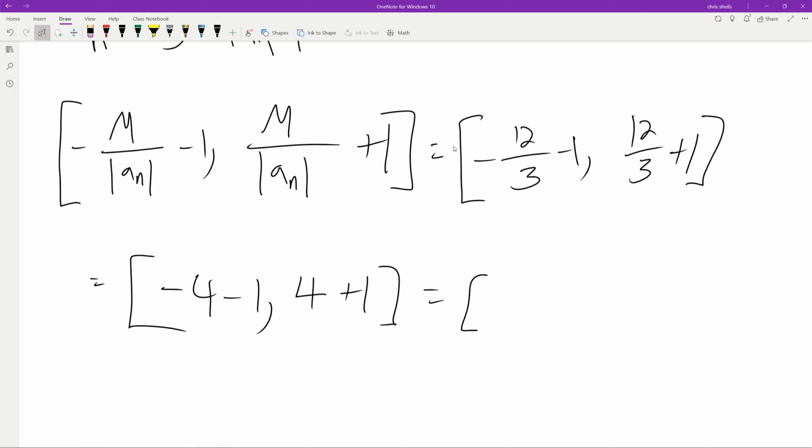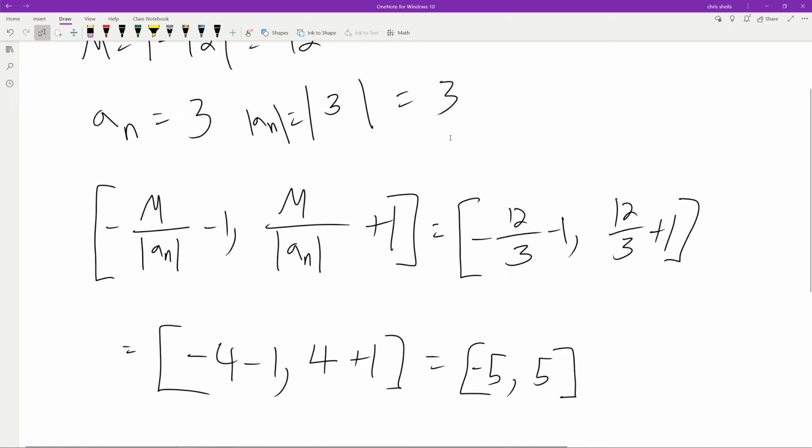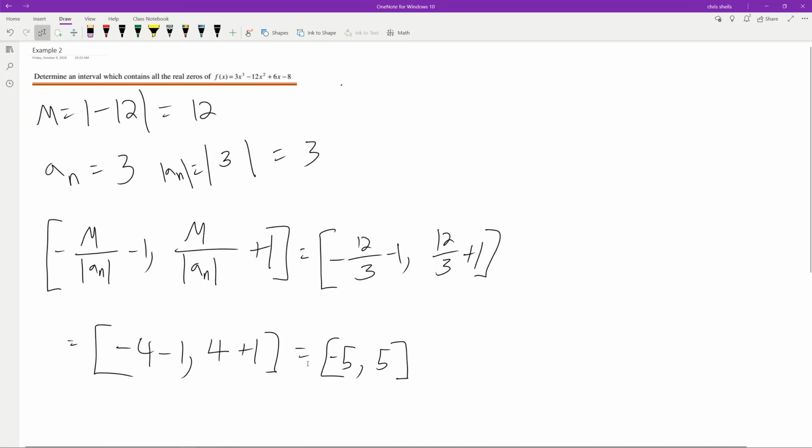This is the interval from negative 5 to positive 5, square brackets on both of these endpoints. All of the real zeros of this polynomial must lie in the interval from negative 5 to positive 5, including those endpoints, meaning the zeros could be at negative 5 or at positive 5. And this is Cauchy's bound.